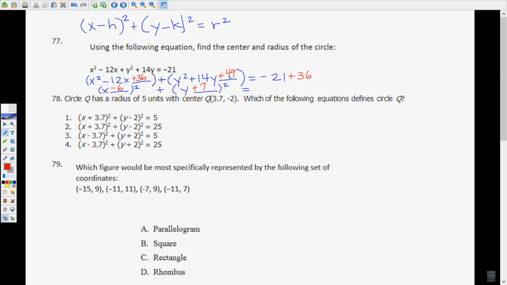This number will always be plus because you're squaring a number. So then you add 49 to this side as well. Then when you add -21 plus 36 plus 49, you get 64. And down here is how you find your center and your radius. So your center would be at 6, -7.